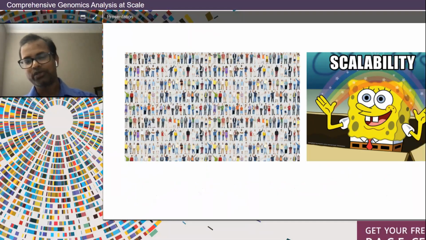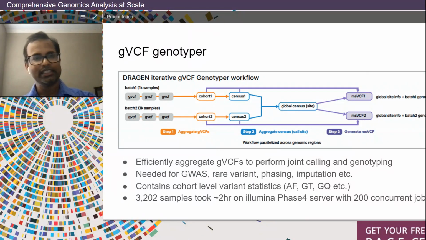The next thing we wanted to see was how we can do population studies as well. When we talk about population studies, they could include 1,000 genomes to millions of genomes, so scalability comes into the picture. For that, DRAGEN provides the GVCF Genotyper, which can efficiently aggregate the genotype VCFs to perform joint calling and genotyping. This joint genotyping is useful for GWAS, rare variant, as well as phasing and imputation studies.